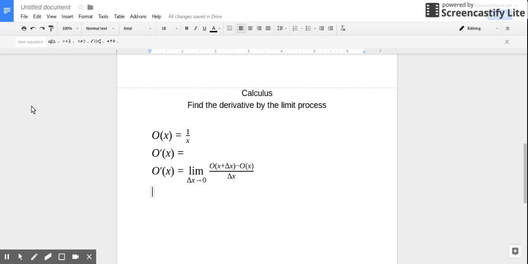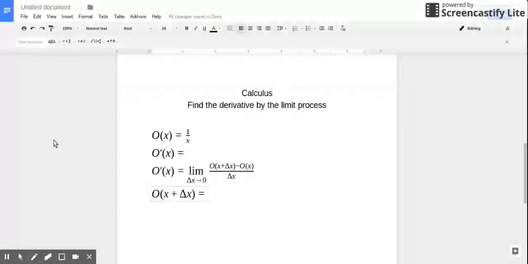And it looks like it doesn't want to use the same size. Okay, there we go. All right, so we have O of x plus delta x. I noticed in the other videos that the screen was kind of jerking around.